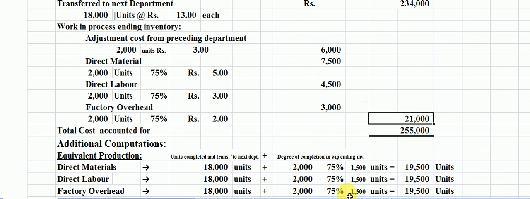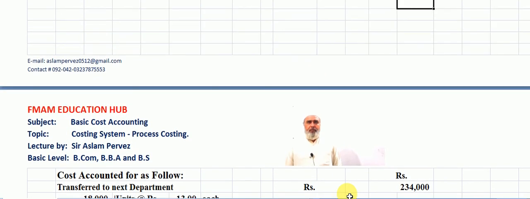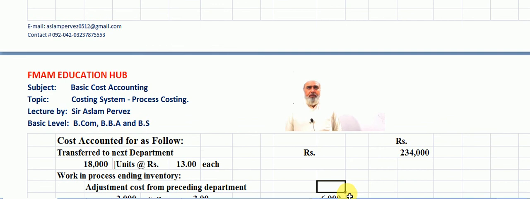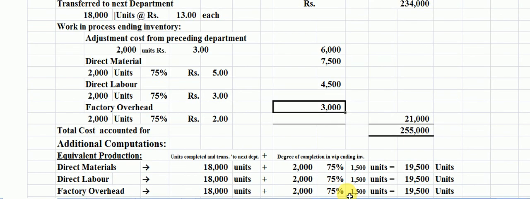Now we add this value with this, then we find the final value of 2 lakh 55,000 rupees. Dear student, this is the reconciliation amount which must tally with the total manufacturing cost here, which is 2,55,000 rupees. Students, both figures are matched, so it is clear that our problem is 100% accurate.